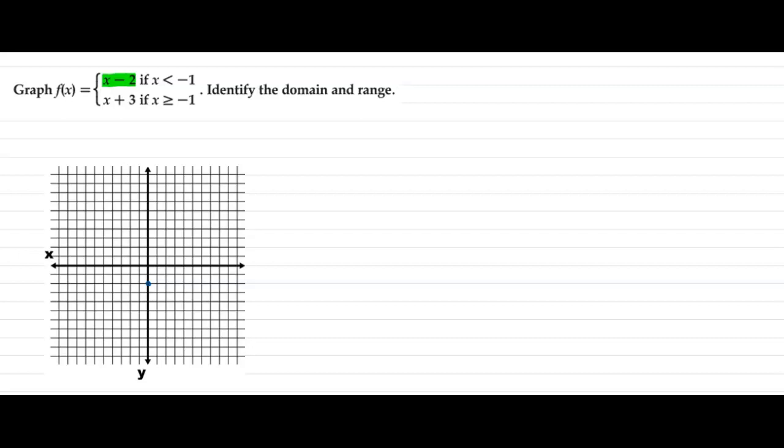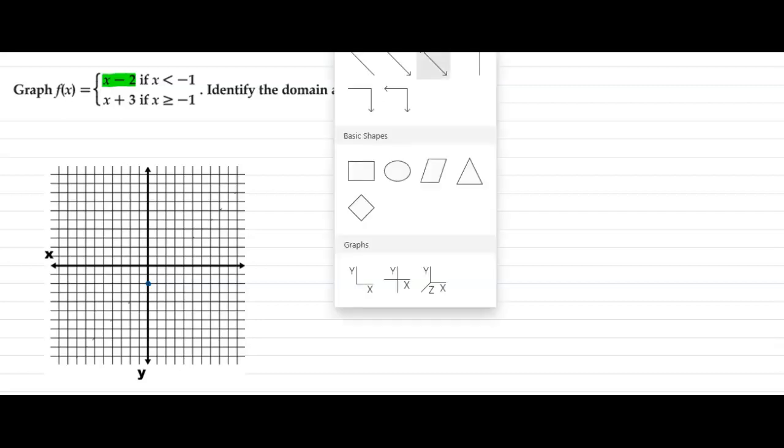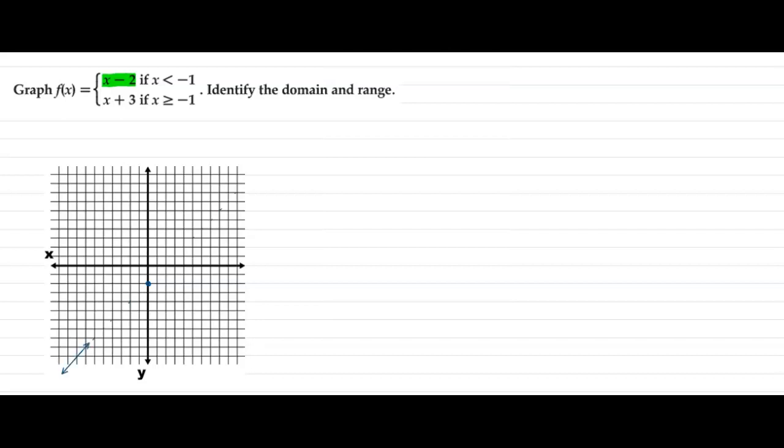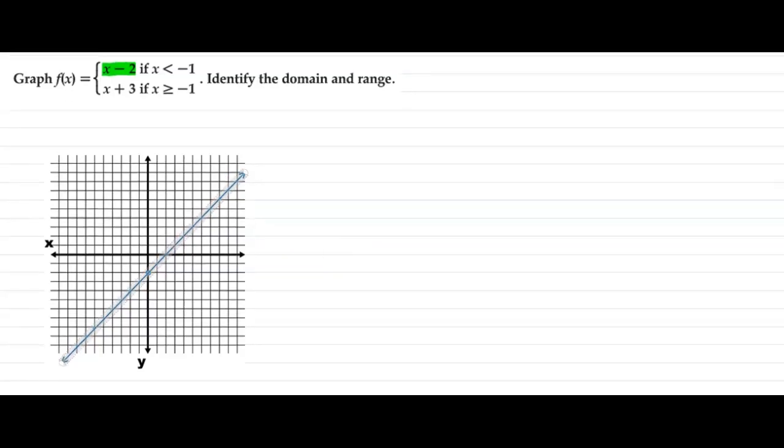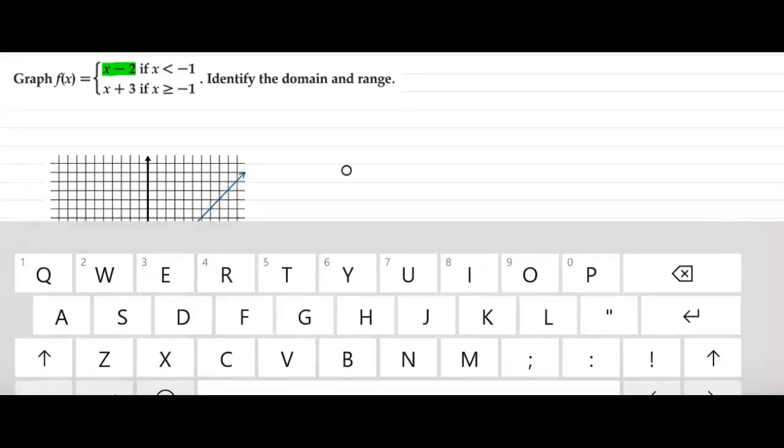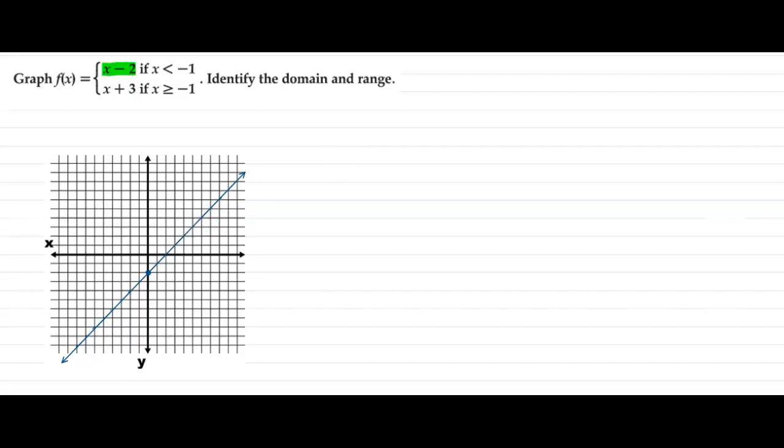So I'm just going to plot a line going across my graph. I'm going to grab my line feature and draw the entire line. That's the line for this entire green line.